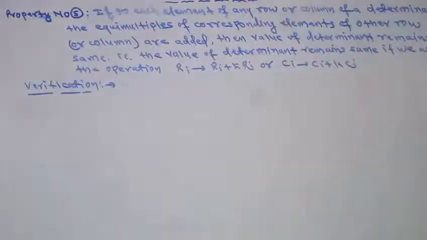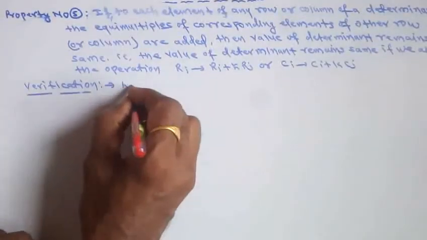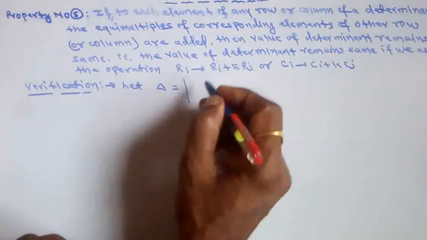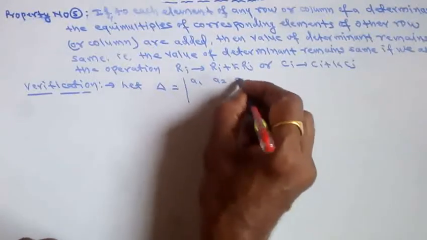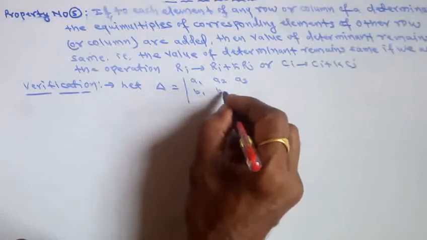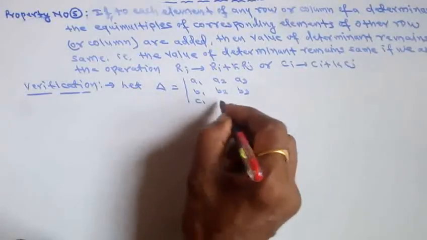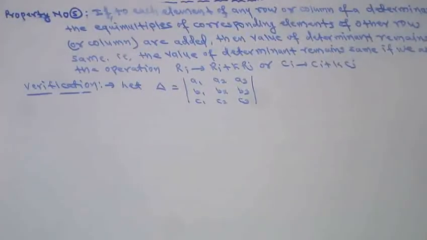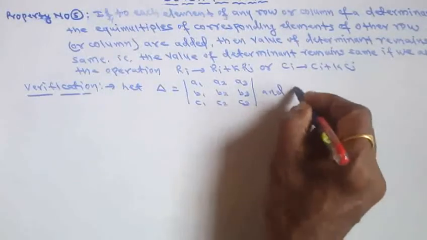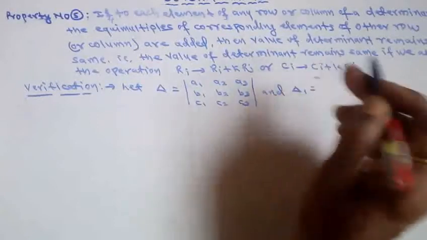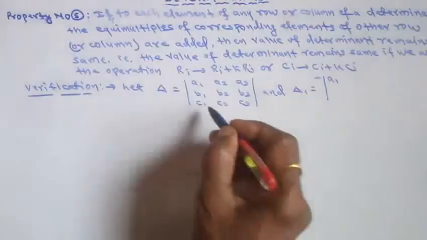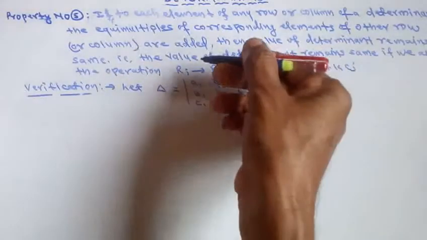Now consider the determinant. Let delta equal to the determinant A1, A2, A3, B1, B2, B3, C1, C2 and C3. And I am taking another determinant, delta 1, suppose. Delta 1 is where I am adding to the first row the multiples of the corresponding elements of the third row.